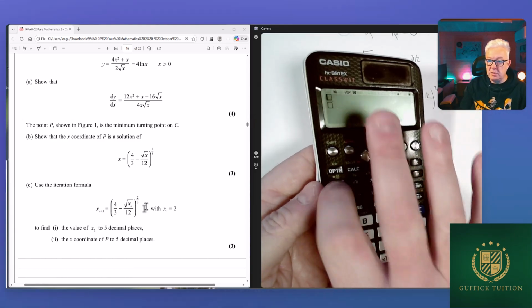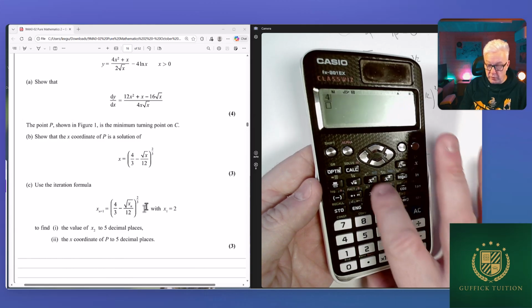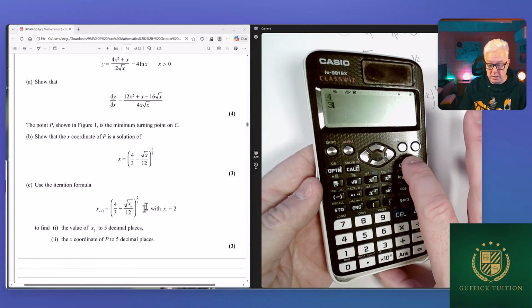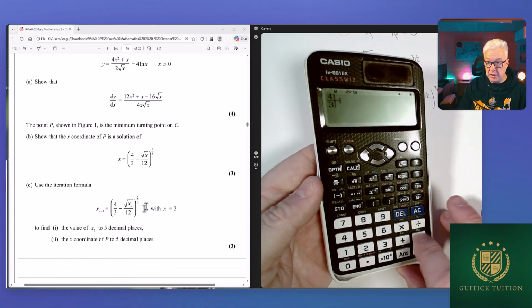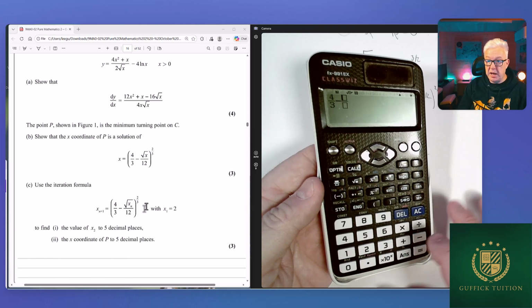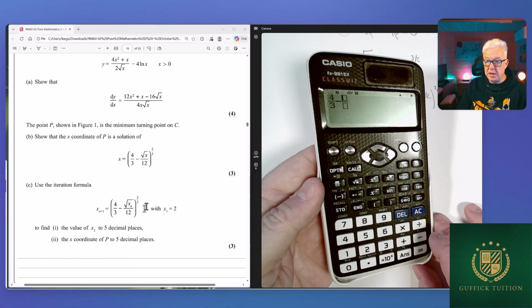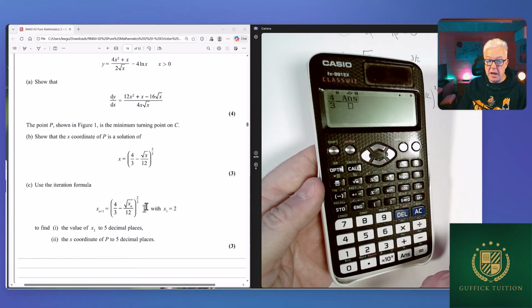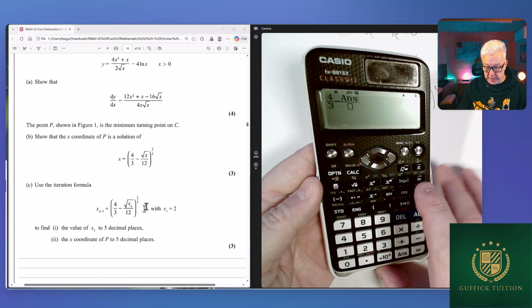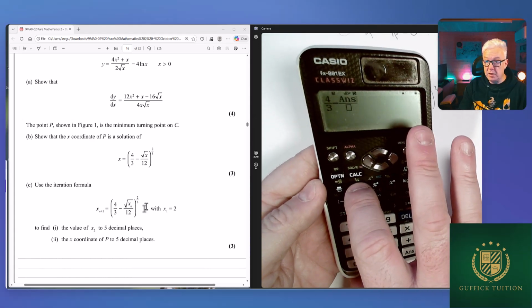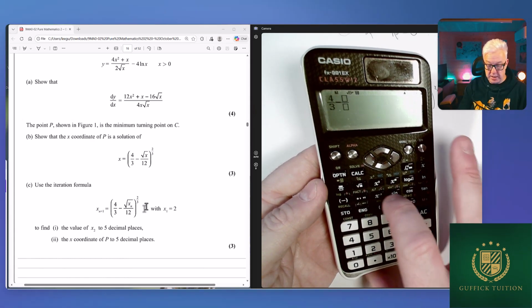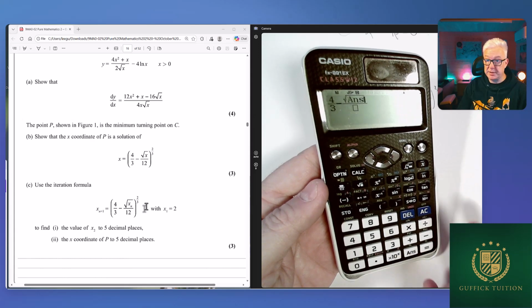I'm then going to put in the expression, so 4 over 3, like so, minus fraction button again. It is going to be root answer, so let's delete that and press root answer.